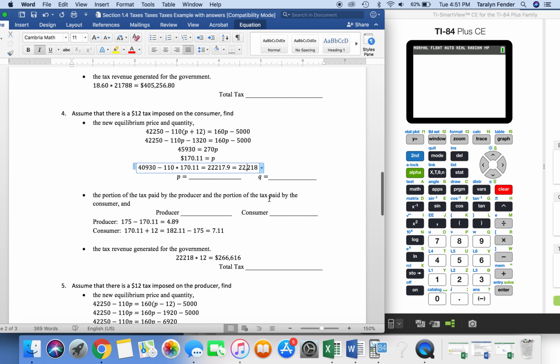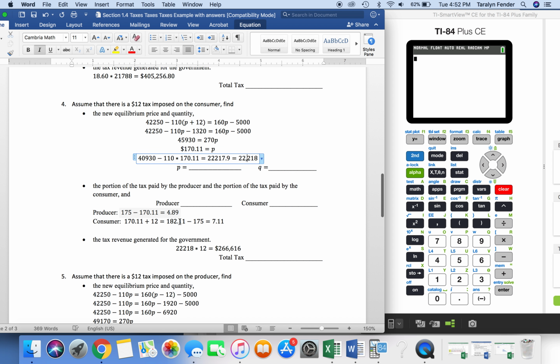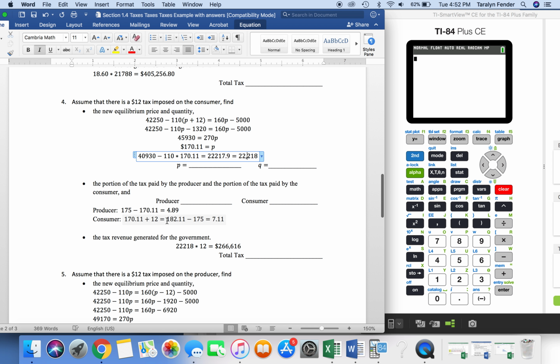So let's see who pays what of the $12 tax. The new equilibrium price is $170.11. We subtract that from 175, and the producer pays $4.89. The consumer is going to now pay $182.11, which is $12 above the $170.11 equilibrium price, minus the $175 for the original equilibrium price.